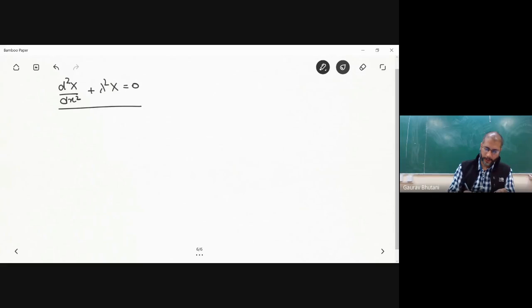Here we assume that capital X, which is a function of small x, is of the type e to the power of px.